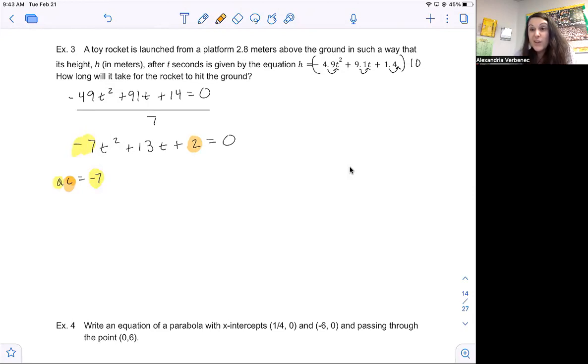But I know those factors a lot better when it's a small number like this. Now, in order to get my AC to be negative, like it is here, but a positive 13t, like I'm looking for up here, I'm going to need one of these numbers to be negative. Maybe you see it. I'm going to do negative 1 plus 14, and when I put those together, that's 13.